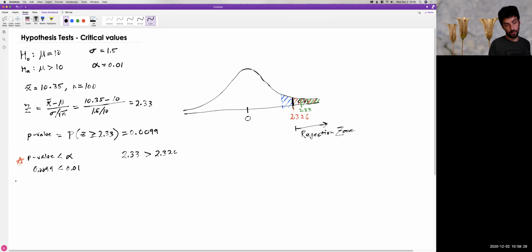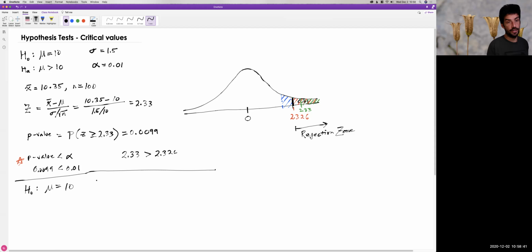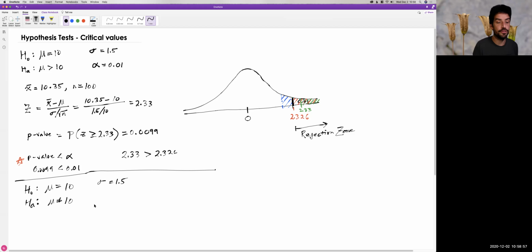All right, let's look at this in one other way. Let's take almost the same situation. We'll take H0 is that the mean is 10. We'll still be coming from a population with a standard deviation of 1.5. But let's say our alternative hypothesis is that it's just not equal to 10. Maybe we don't trust the agency that came to this conclusion. We're suspicious of their methods, so we just think they're wrong.